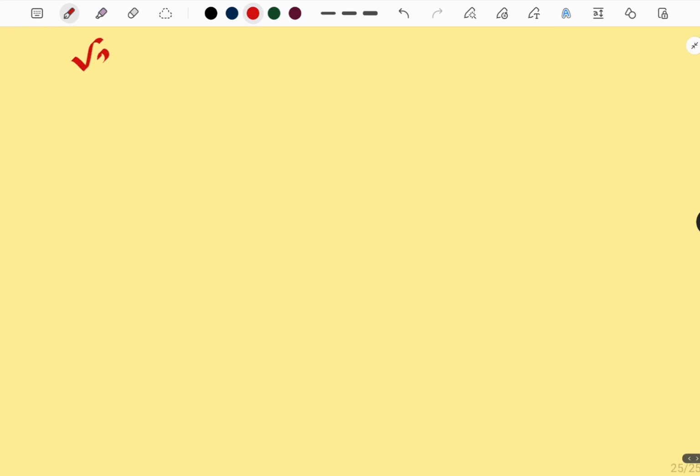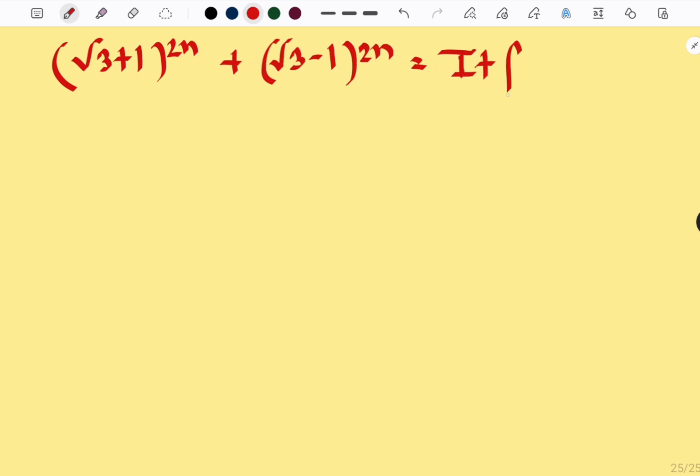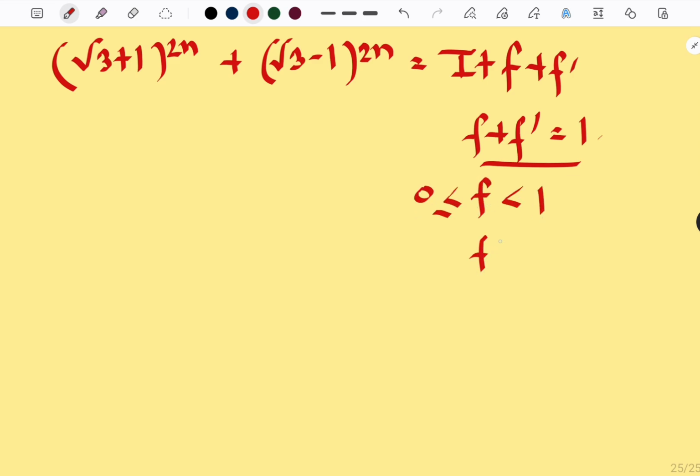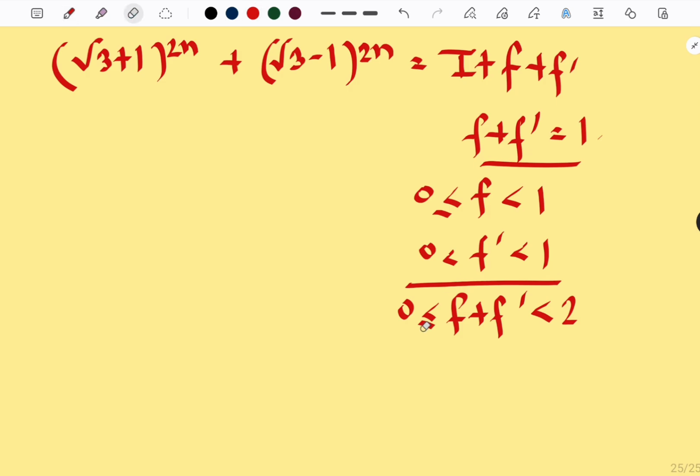So if we add these two up, we'll get (√3 + 1)^(2n) + (√3 − 1)^(2n) is equal to I + f', where f + f' lies from 0 to 2, 0 not included, 0 not included. We can see from the previous question that f lies from 0 to 1 and f' lies from 0 to 1. So f + f' lies from 0 to 2. Done. Now f + f' is equal to 1.